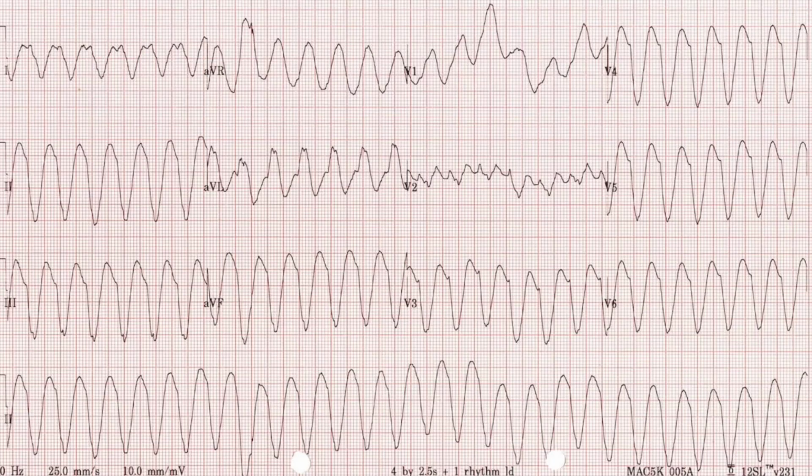So until proven otherwise, this is VT. Do you agree? I completely agree with what you have just said. If there is positive or negative concordance in V1 to V6, it's highly likely to be VT according to the Brugada criteria. That's such an important feature of the ECG.